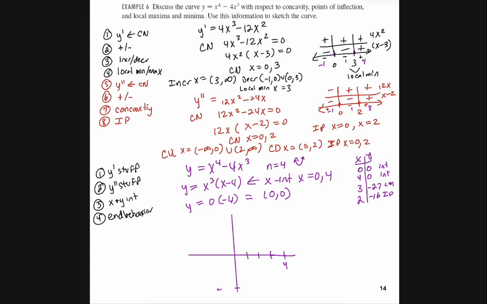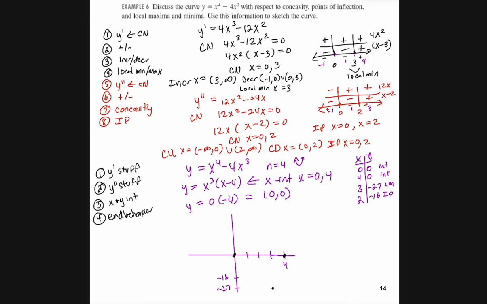So I'm just going to put negative 27, and I'm going to put negative 16 in some slightly tangible, but relatively, you know, I could have counted by 10s also in 20s, and I just put 16 and 27 on there. Okay. So let's put the points we know. We hit 0, 0. We hit 4, 0. At 3, we are down at negative 27. That is a local minimum.